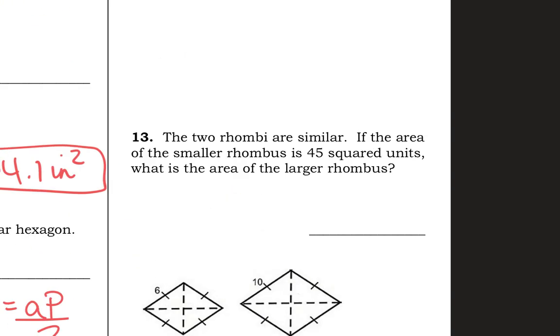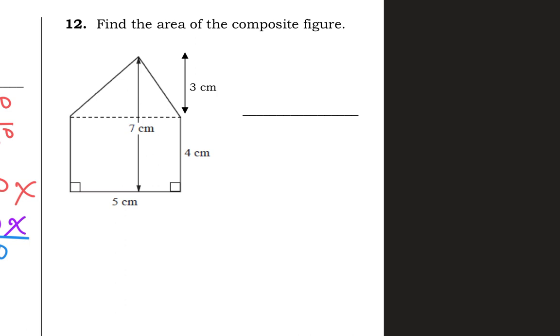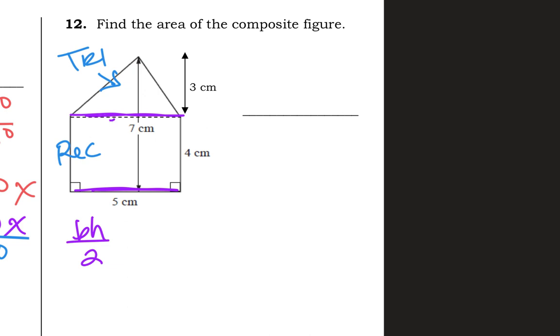All right, number 12 is going to be a composite. That means it's 2 shapes. First we have the triangle, and here we have the rectangle. So for the triangle, we're going to do base times height divided by 2. Now, if this is 5, this length down here is also 5. I give you this is 4, and this here is 3.